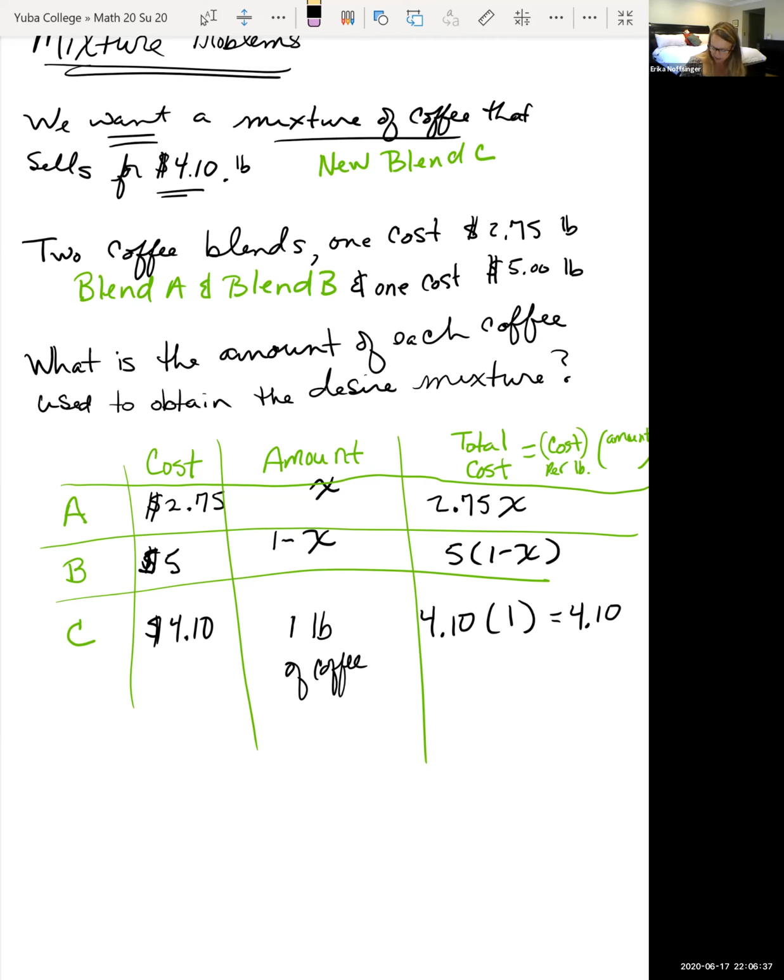So total cost of brand A plus total cost of brand B equals total cost of brand C.